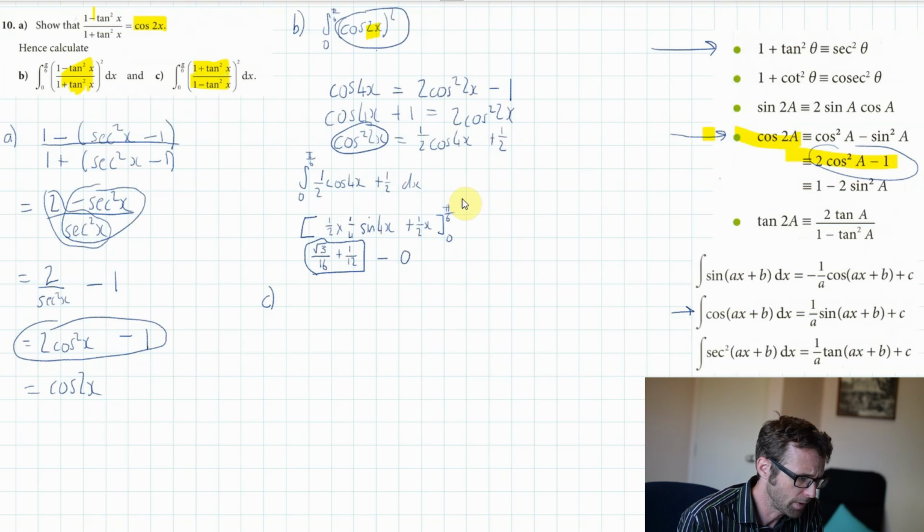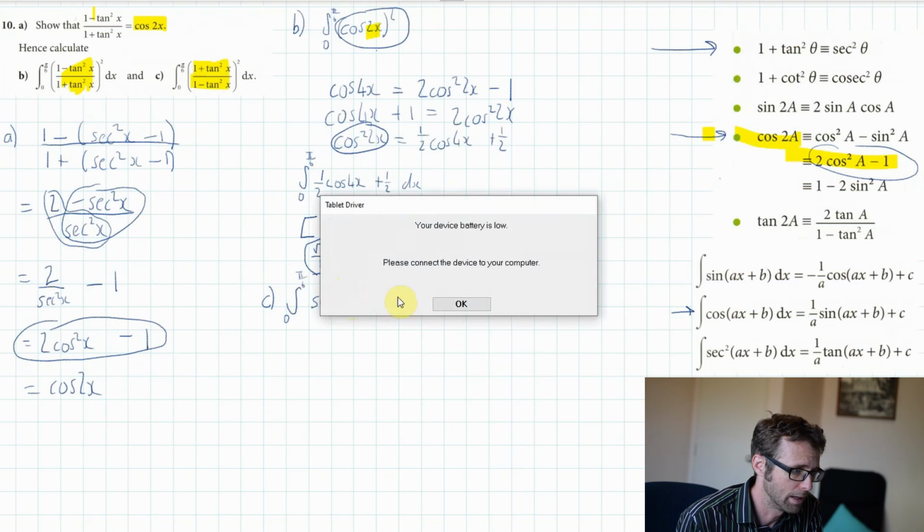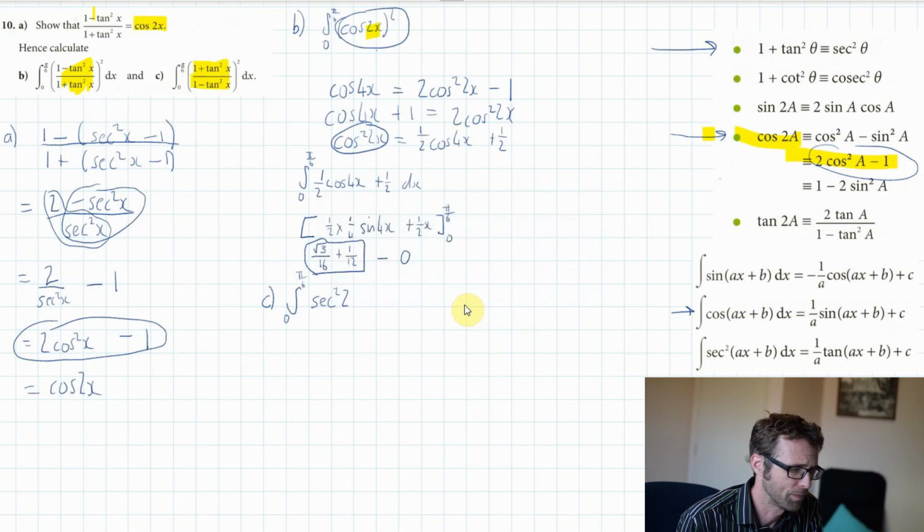So I'm going to integrate sec squared 2x dx between pi over 6 and 0. Now this is nice and easy peasy.